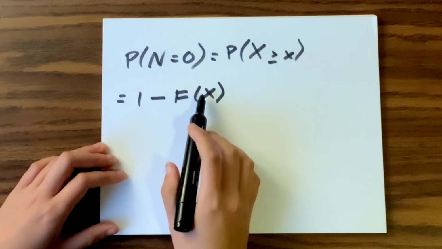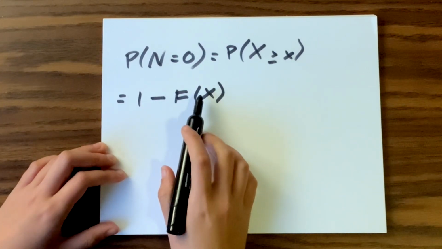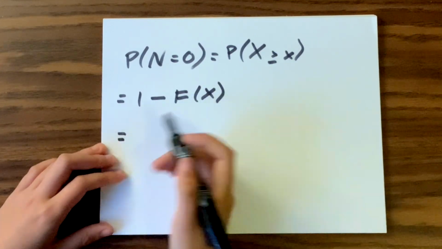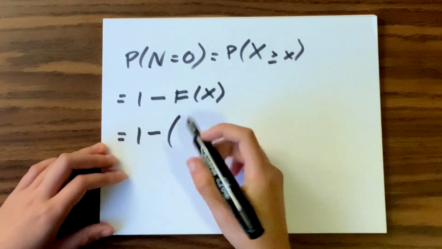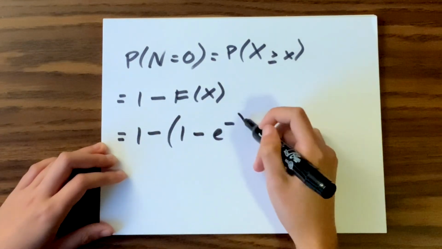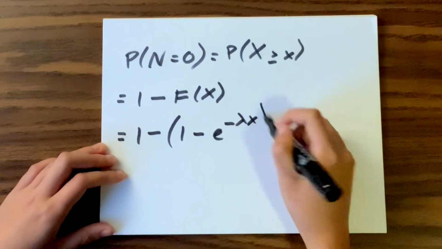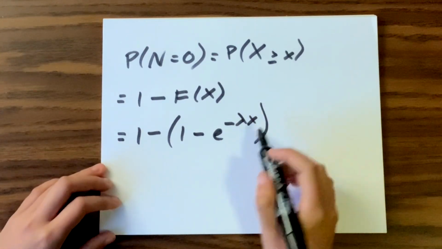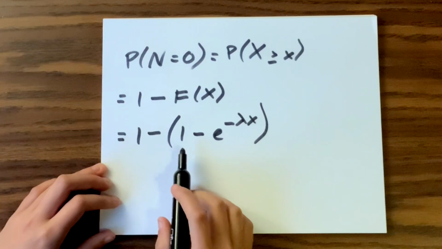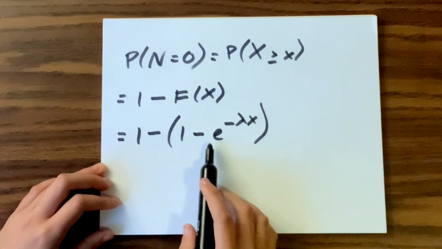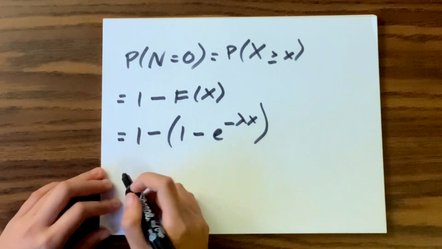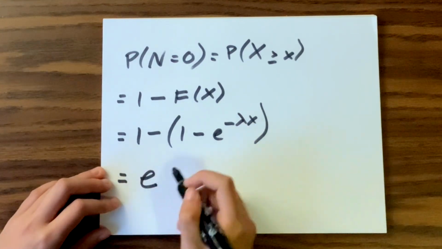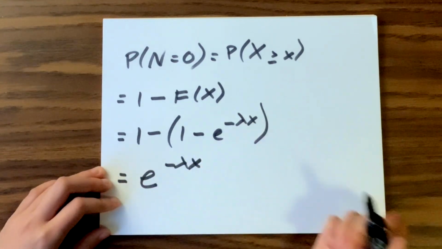Plugging in our big F of x, this is equal to 1 minus the quantity 1 minus e to the negative lambda times x. Then we can rewrite this further by canceling out values: 1 minus 1 plus e to the negative lambda times x, so we get e to the negative lambda times x.